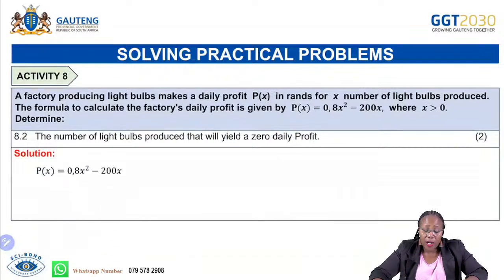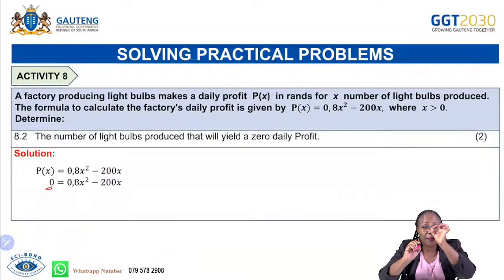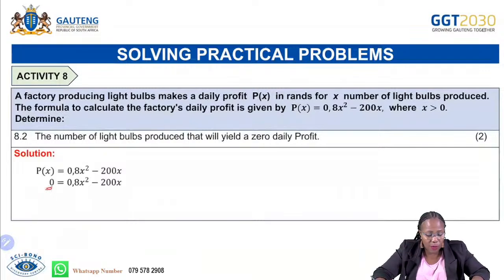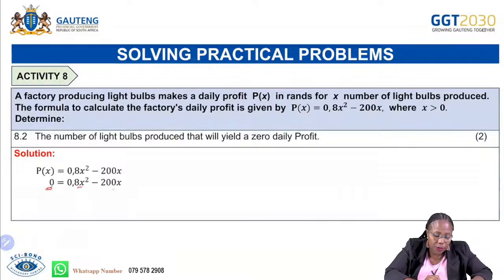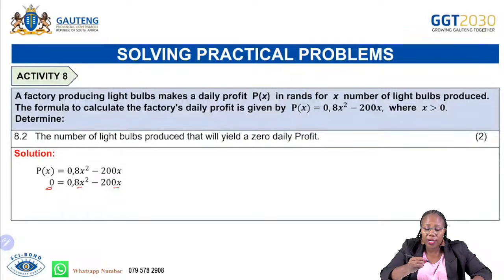So now we take our original profit equation, and the profit is now zero. We want to check how many bulbs we can produce where we are not going to get a profit. Our profit will be zero. Can you see that you have x being common? We are going to take out the common factor, x.